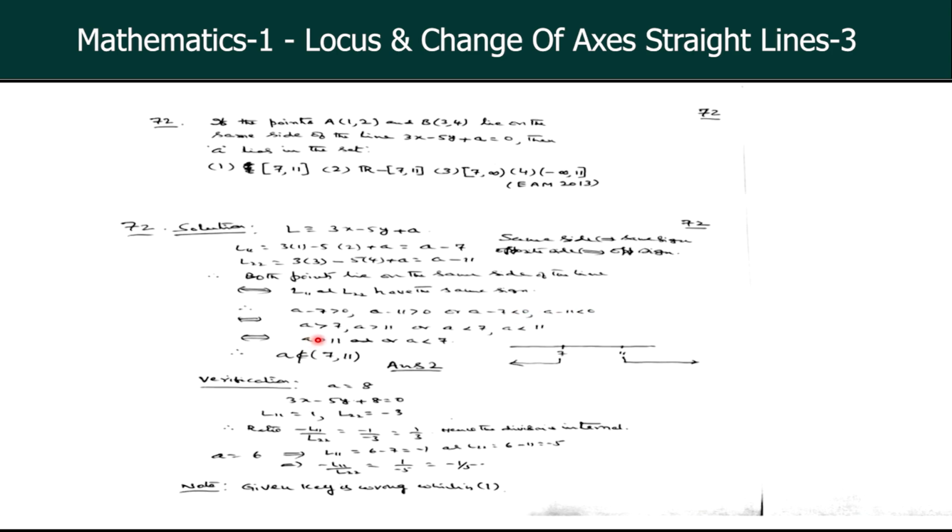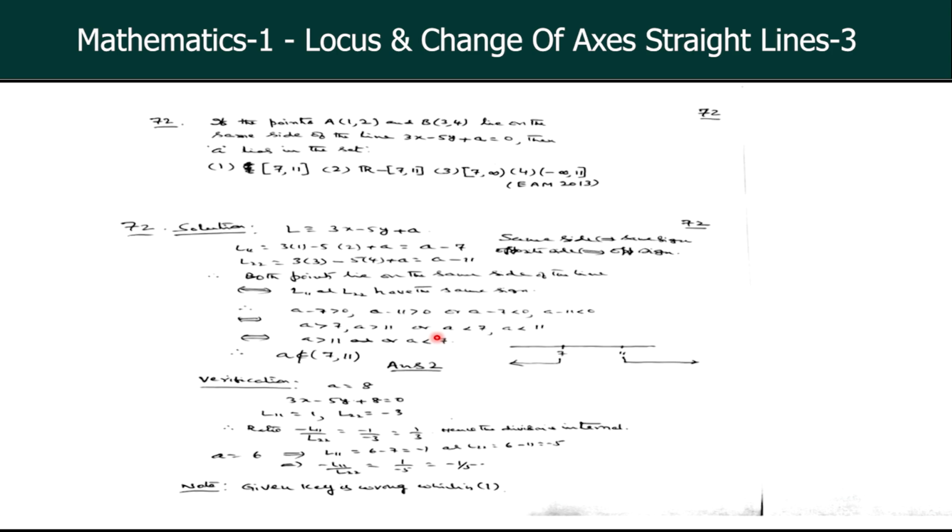That means a greater than 7 and a greater than 11, or a less than 7 and a less than 11. So from this, a is greater than 11 or a is less than 7. That means a should not lie in between 7 and 11.